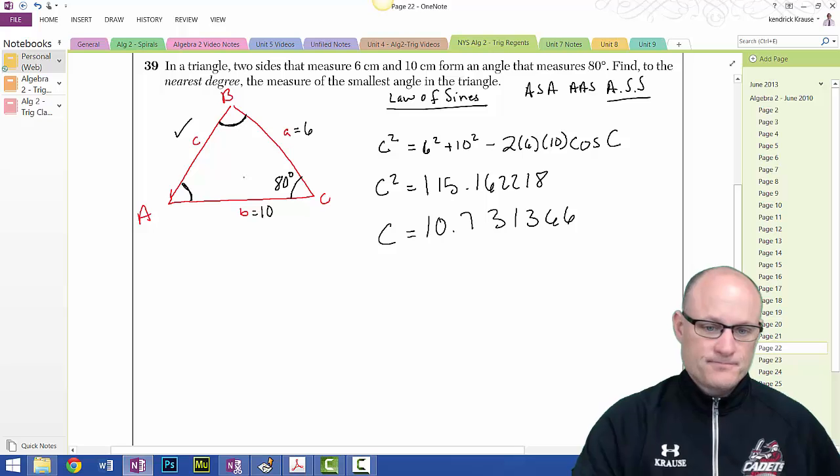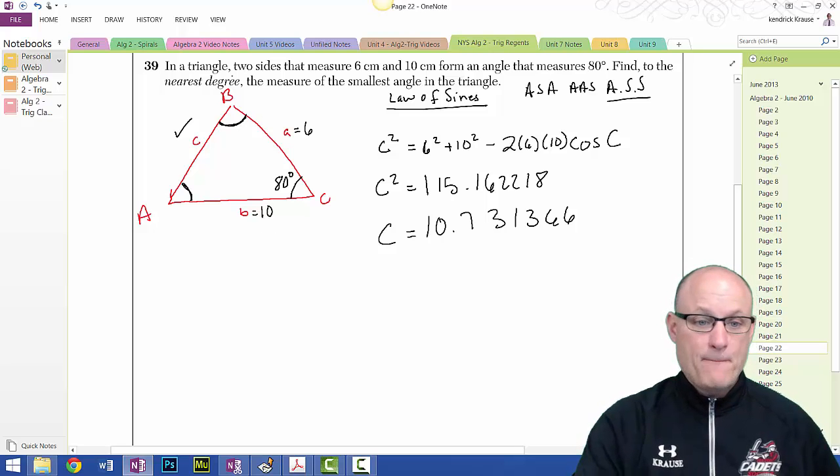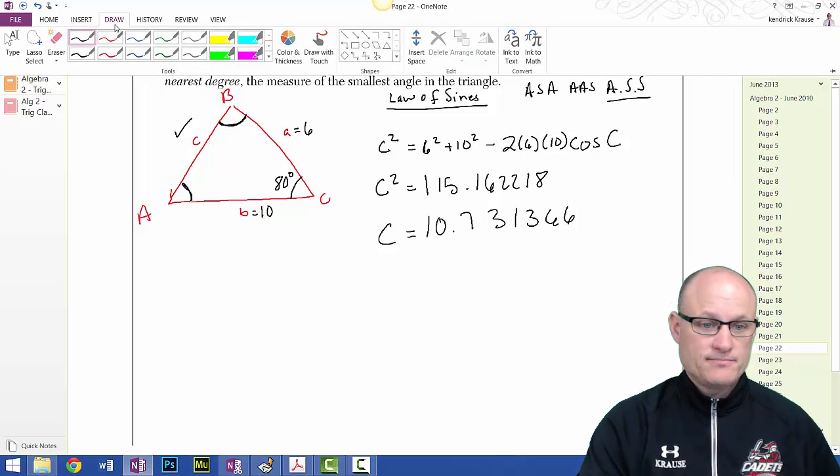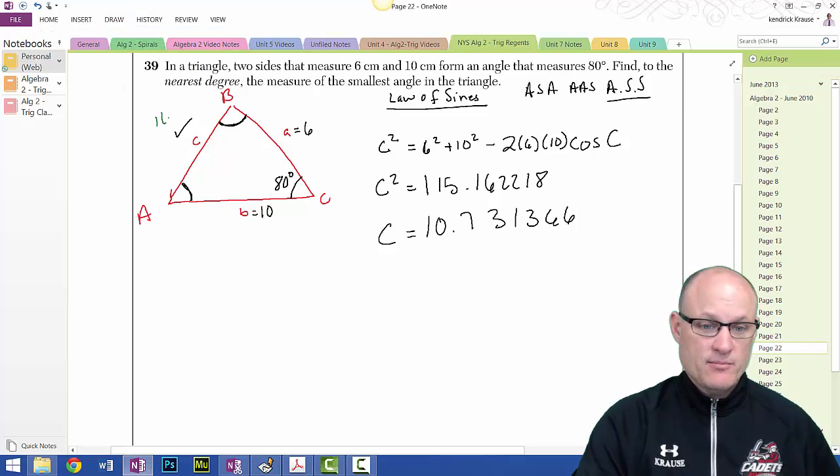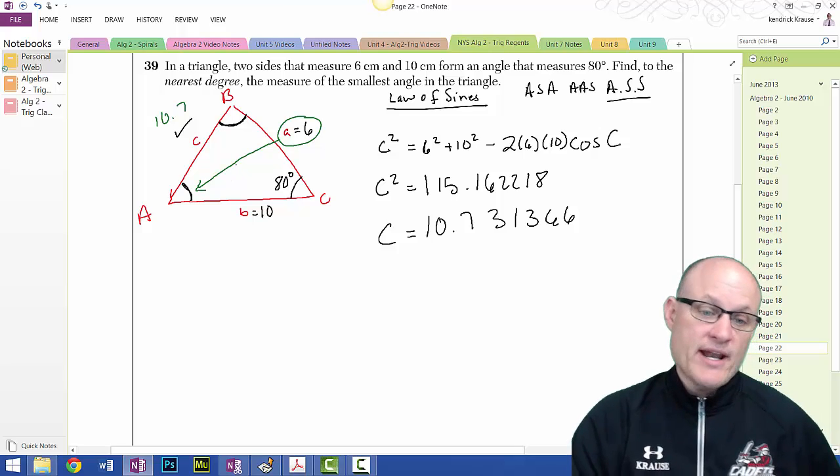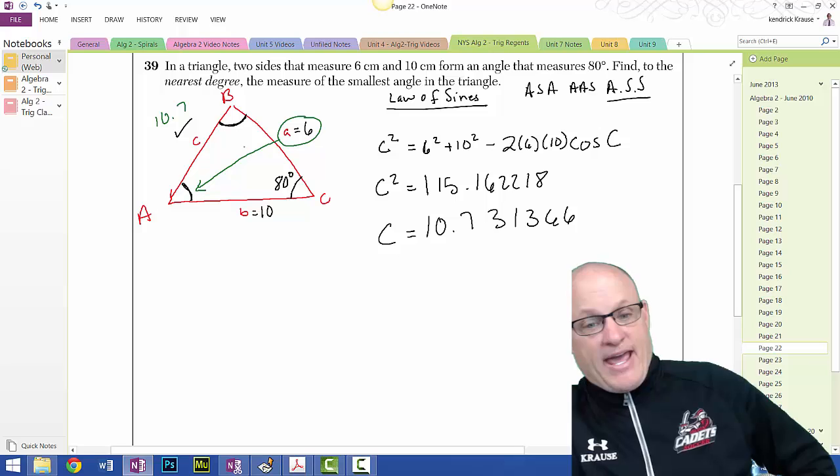So I know that little c is the biggest side. Therefore, this is 10.7, the biggest side, and this is the smallest side. That makes A the smallest angle. So now I have to figure out what A is.